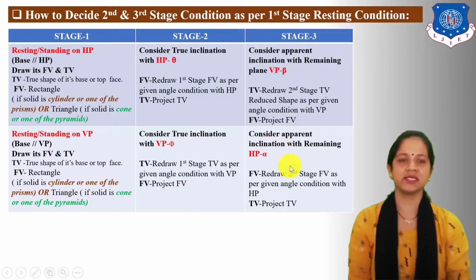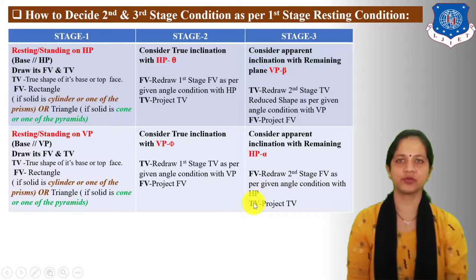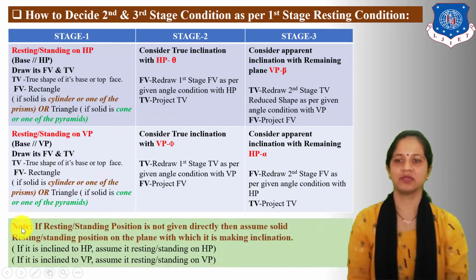In the third stage, consider the apparent inclination with the remaining plane HP, which is denoted by angle alpha. In the front view, redraw the second stage front view as per the given angle condition with HP and project the top view.